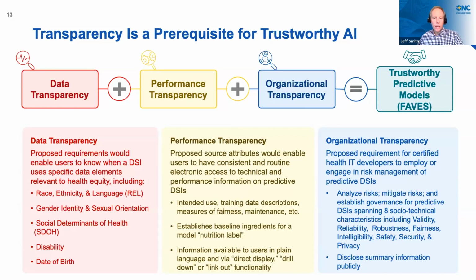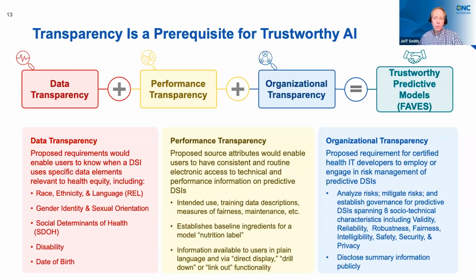And we came up with somewhat of a cute acronym for trustworthy. And when we talk about high quality, well, what does that mean? We think you can characterize high quality predictive models as those that are fair, appropriate, valid, effective, and safe. And so again, it's kind of through that prism that we looked at establishing a set of requirements.